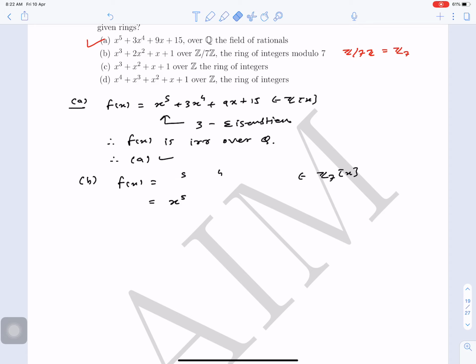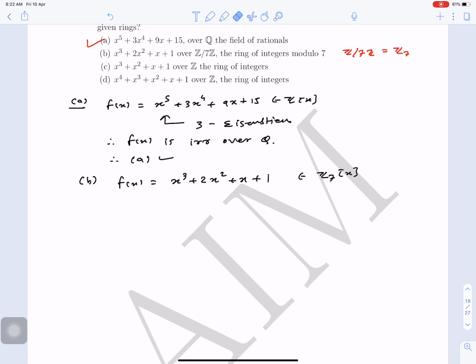The polynomial is x cube plus 2x square plus x plus 1 over Z7. So the degree of the polynomial is 3 and Z7 is a field. So to check the reducibility, it is enough to check whether f(x) has a zero or not.